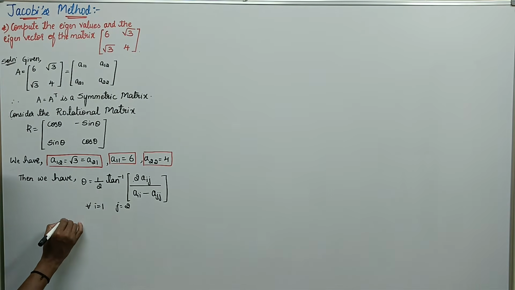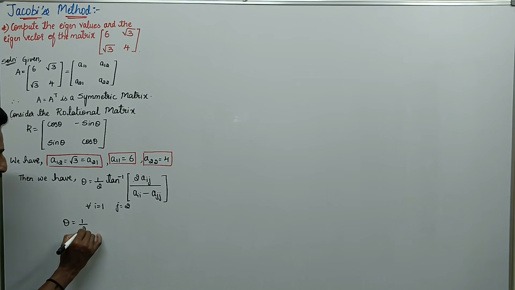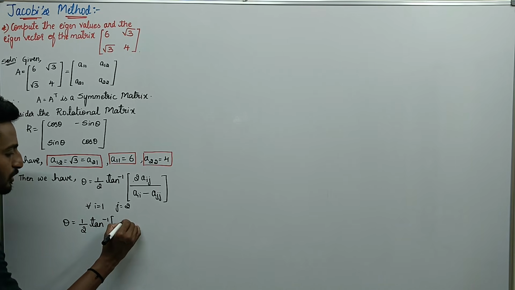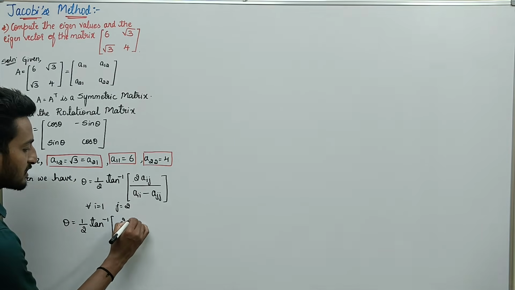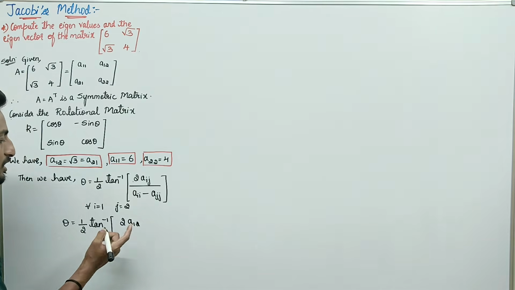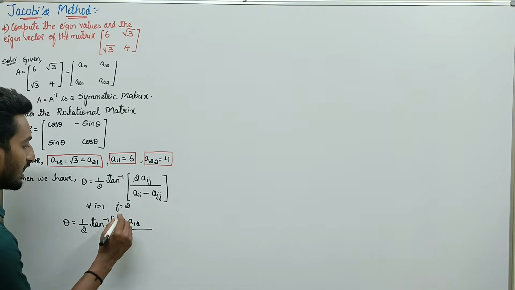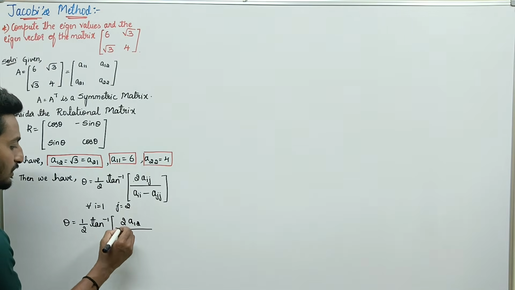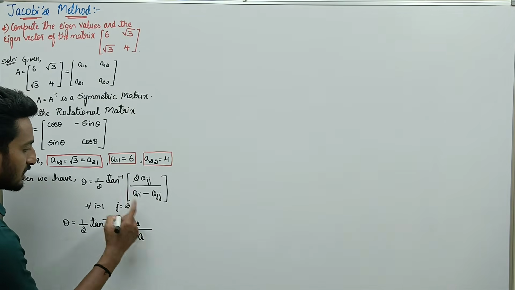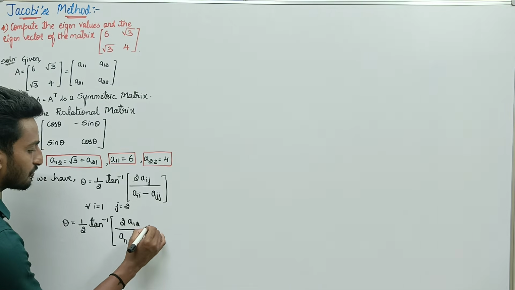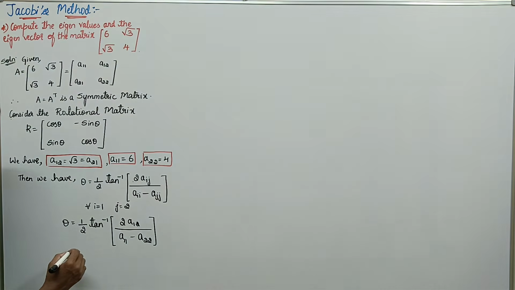That is theta equal to 1 by 2 into tan inverse of 2 into Aij, which you can represent as A12 or else A21, divided by Aii minus Ajj, that is A11 minus A22. Done.